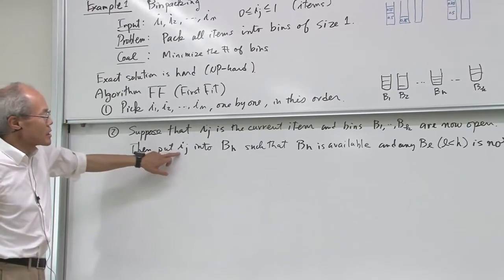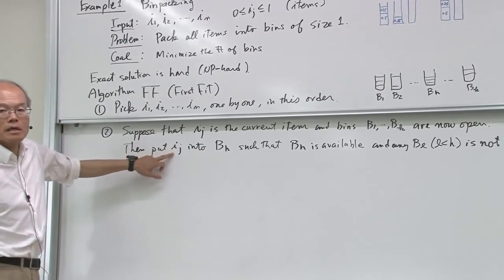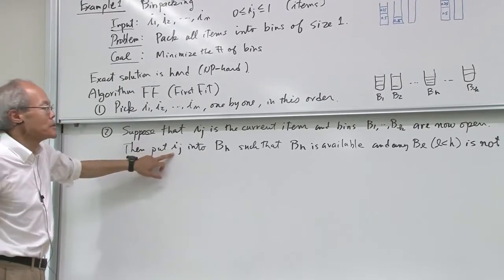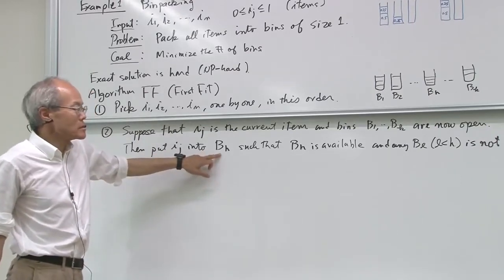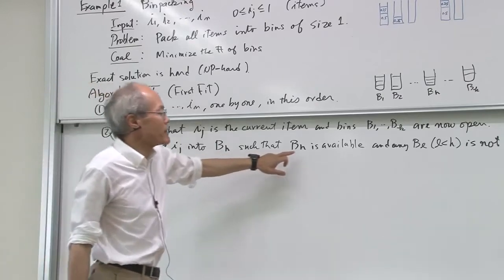Then the current item IJ is put into some bin BH, such that BH is available.